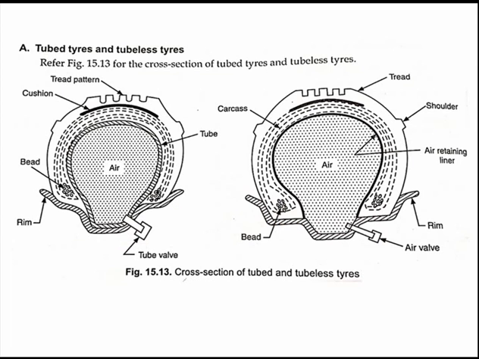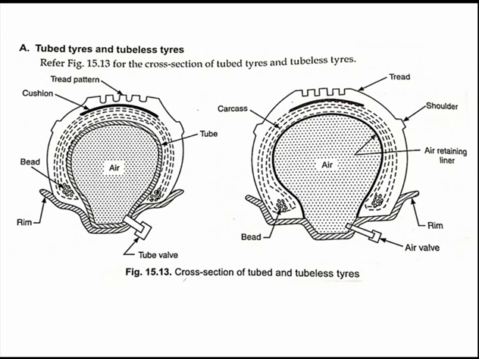The air we are providing is at atmospheric pressure, and we force the air into the tube under a slight pressure, because at normal pressure it won't go inside, so we give a small pressure to push the air in. The air filling the tube acts as a cushioning medium, and the outside casing of the tire mainly serves to protect the tube and provide traction.